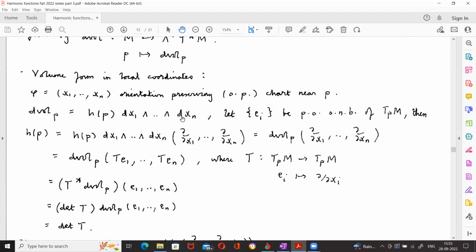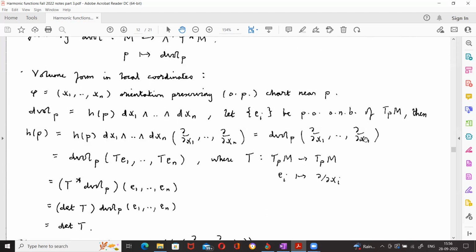Let e_i be a positively oriented orthonormal basis of TPM. Then this h of P I can write as h of P times dx1 wedge dxn applied to del del x1 up to del del xn. This last term is just 1. But now this h of P times dx1 wedge dxn, I can write as dvol P applied to del del x1 to del del xn.